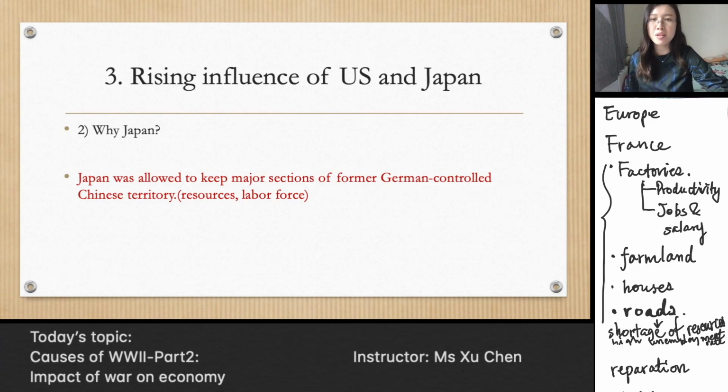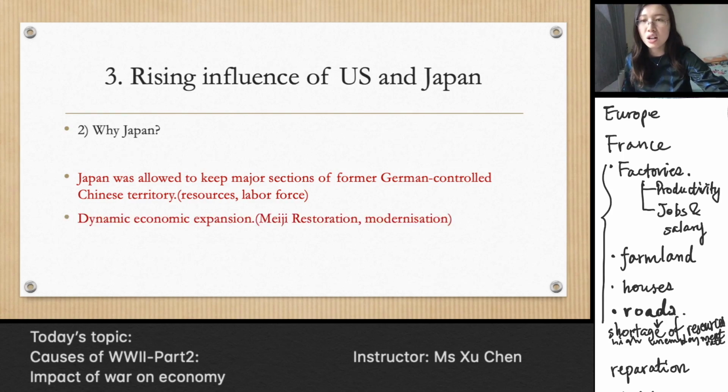So actually Germany had a lot of places in China as colonies at that time. Since they lost the war, Japan was allowed to keep the major sections of all those territories in China. And all these territories already meant all the resources, the cheap labor force, and the cheap resources for Japan to develop their country and their economy, right?